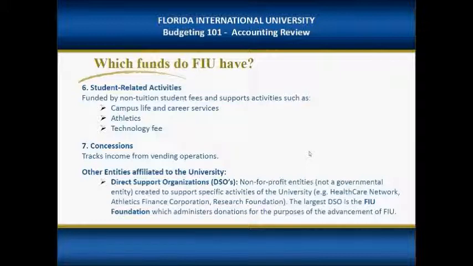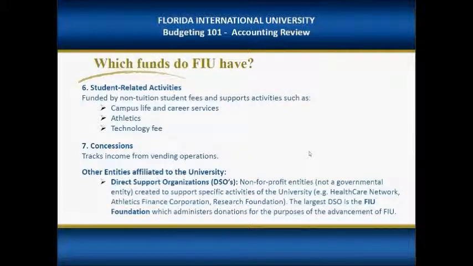Examples here are the Healthcare Network, Athletics Financing Corporation, and the Research Foundation. Many of you may not have heard of these organizations. You may not work with them, but they do exist. However, the largest DSO, the FIU Foundation, that is something you might have heard of. The FIU Foundation administers our donations for the purposes of advancement of FIU.